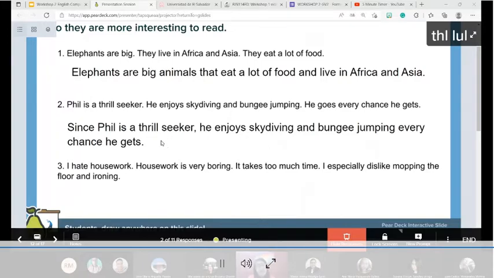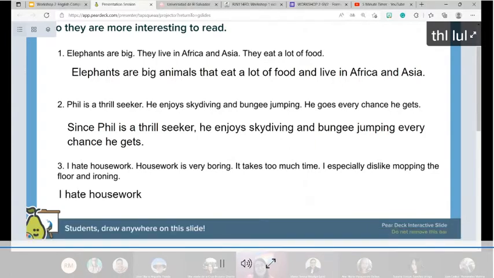Okay, the main idea here is that he hates housework. In particular, especially, mopping the floor.